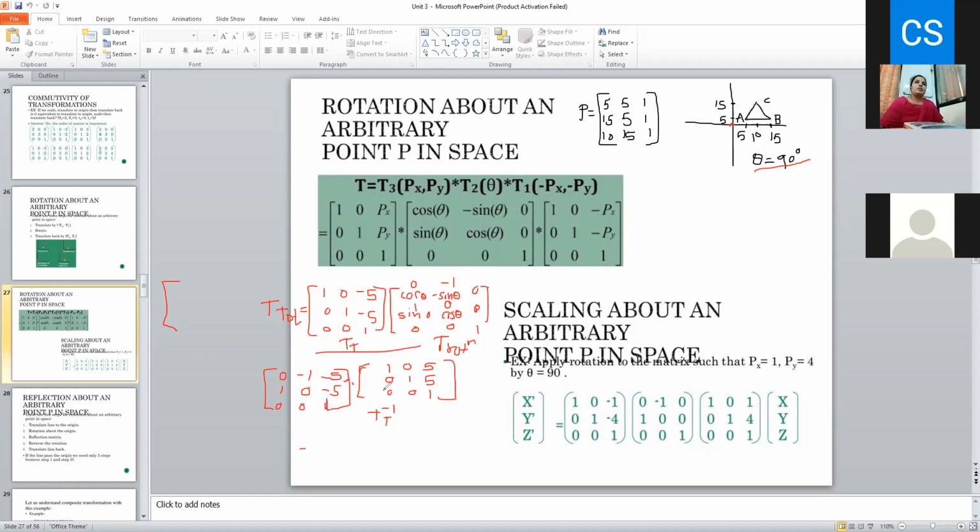Now carry out multiplication between these two. So 0 into 1, 0. Here also 0, here also 0. So first value is 0. Then 0 into this, 0. Then minus 1.